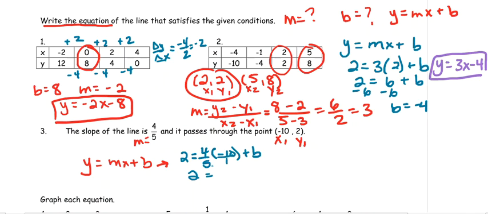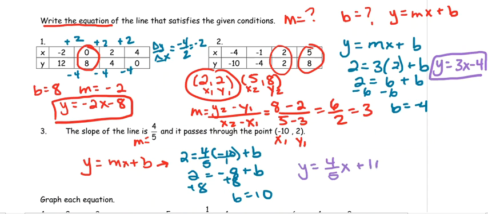Negative 40 divided by 5 is negative 8. Plus b, add 8 to both sides. So you're going to have b equals 10. That means you have the two values, you have your y-intercept, and you have your slope. So y equals 4/5 x plus 10.